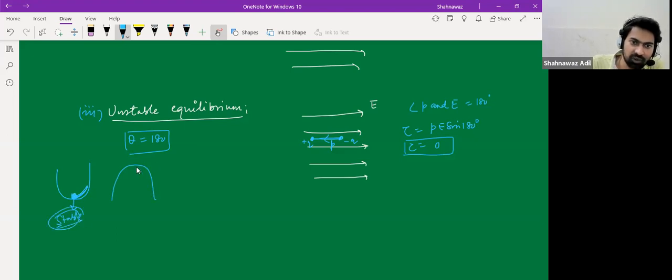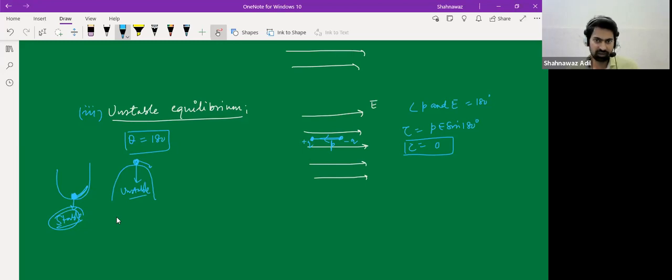And let's say that if you put the beads or some ring in here and you move this ring, it will drop from here, it will not come back to this position. So this is the unstable equilibrium. Okay, understood, guys? Yes, sir. Yes, guys, understood?